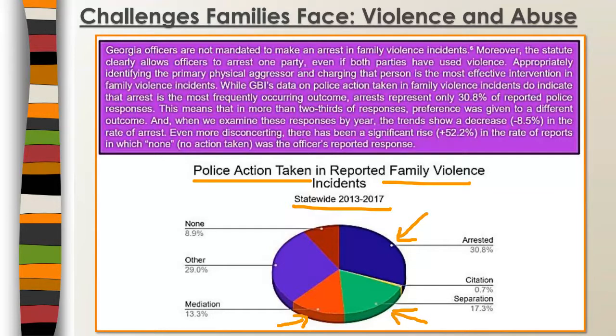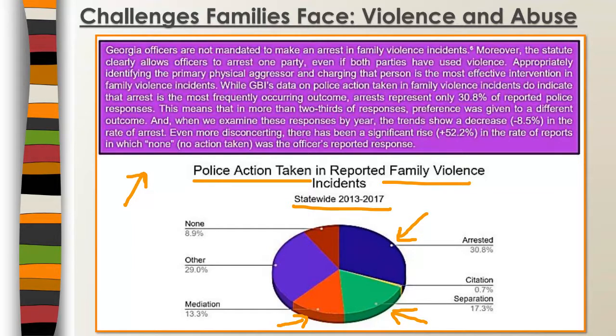It says up here, Georgia officers are not mandated to make an arrest in family violence incidents. The statute clearly allows officers to arrest one party, appropriately identifying the primary physical aggressor and charging that person is the most effective intervention in family violence incidents.